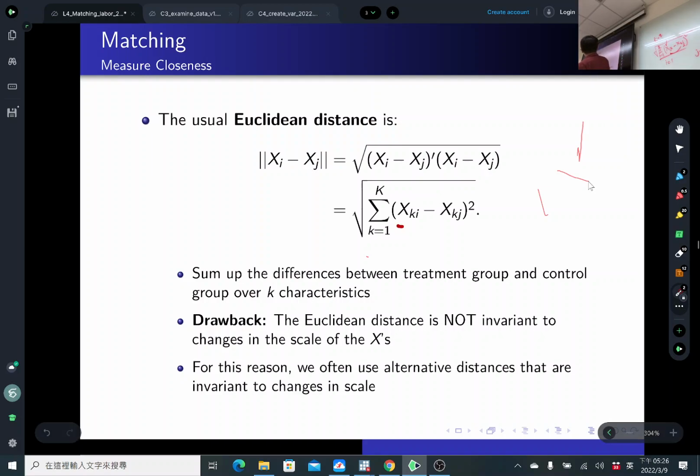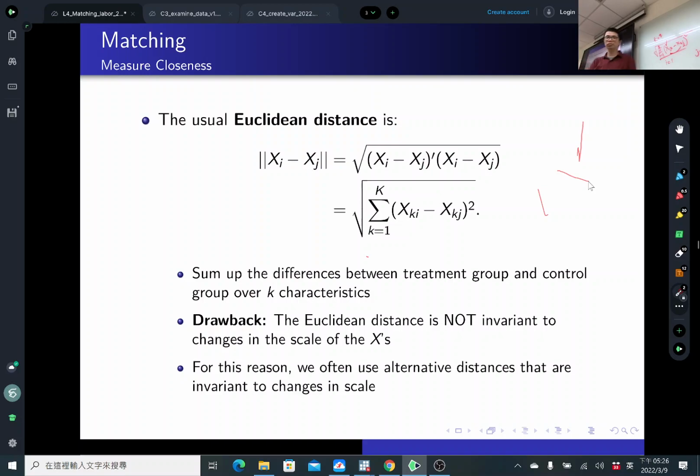So if you use grams to measure weight, this number will be very big, but if you use kilograms, it will be very small, even though they are actually the same.